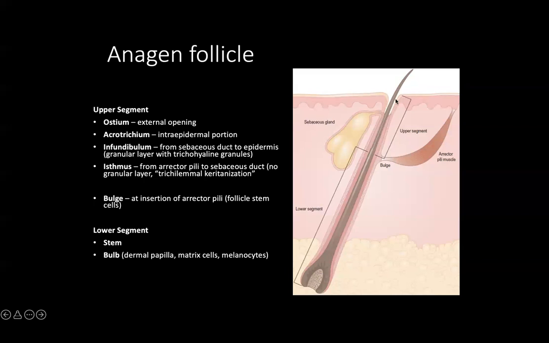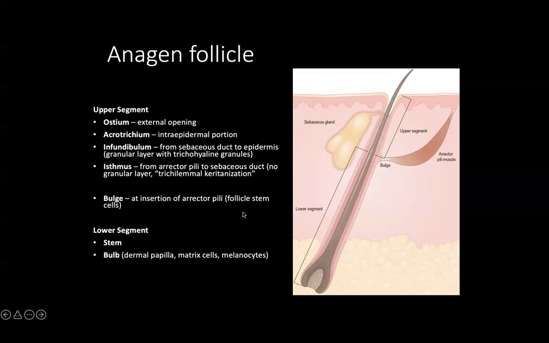So that's the infundibulum. The opening of this hair follicle is called the ostium or the follicular ostia. And this whole portion here that's within the intraepidermal segment is called the acrotrichium. But most of the terms used are follicular ostia, the infundibulum, the isthmus, and then you've got your lower segment as well.